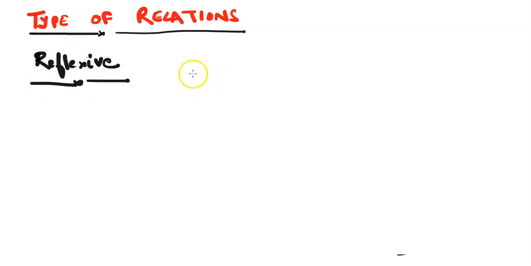Here again, it's the same as identity: if A belongs to A, then A comma A should belong to R. That is, every element of A should have a relationship with itself.